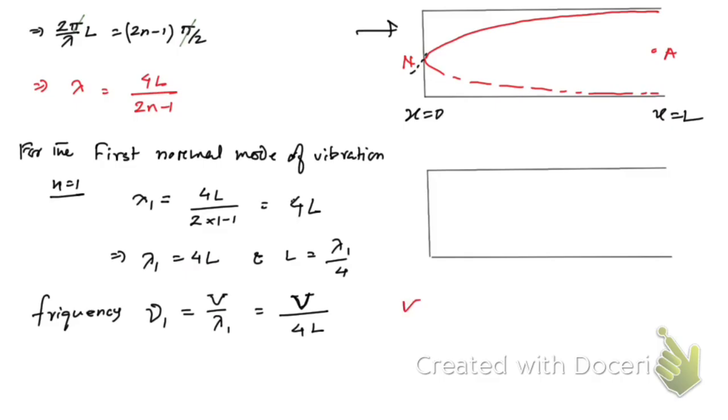Here v is the speed of the wave. This is called the fundamental, the first harmonic, or the fundamental frequency.